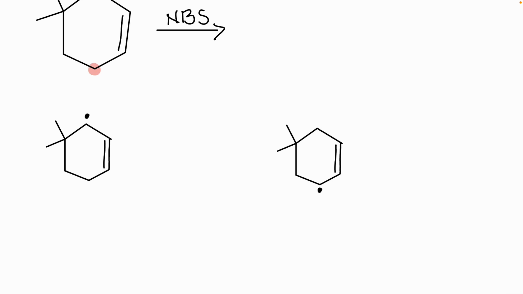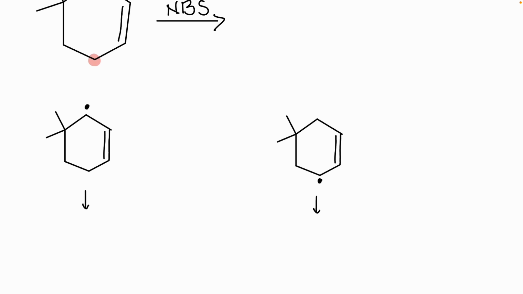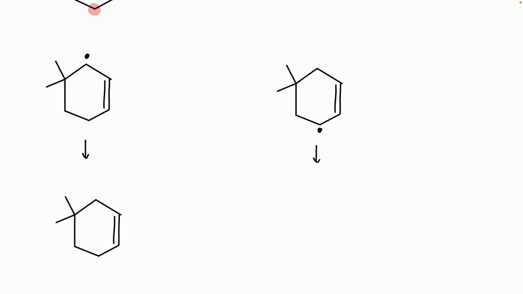All right, so I got two allylic positions, so when I do my bromination here, that will put that bromine in those positions, so one on top and one on the bottom.